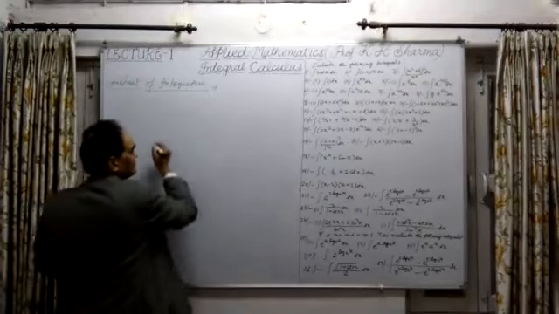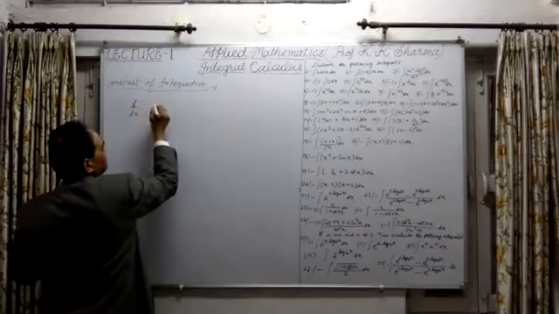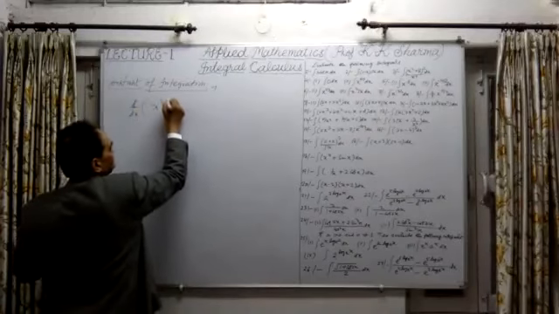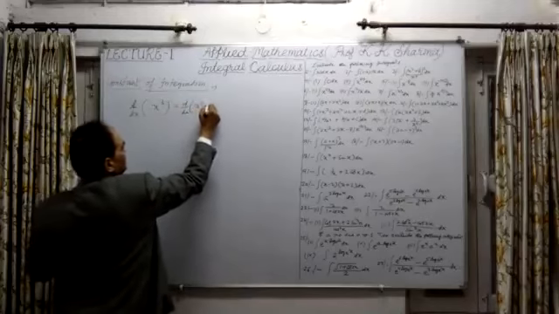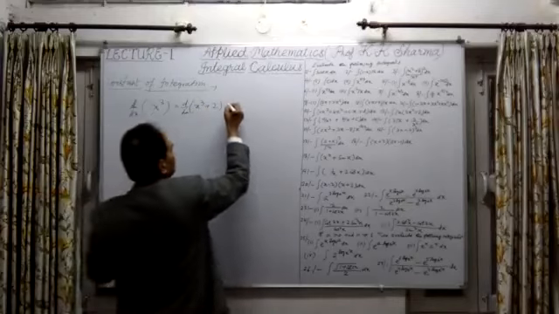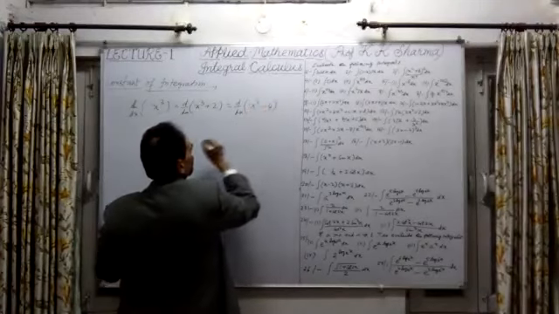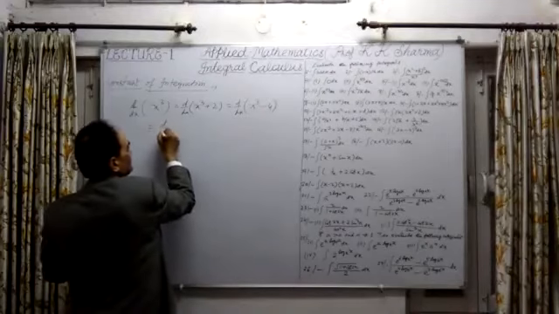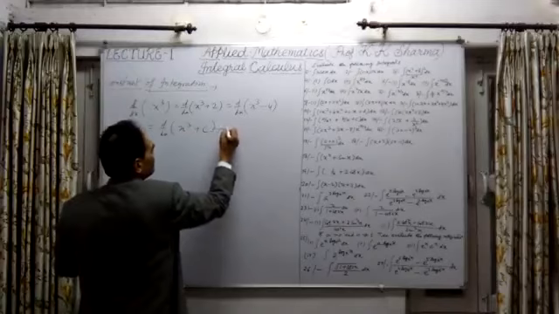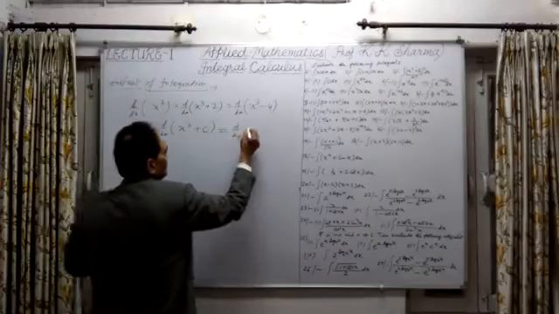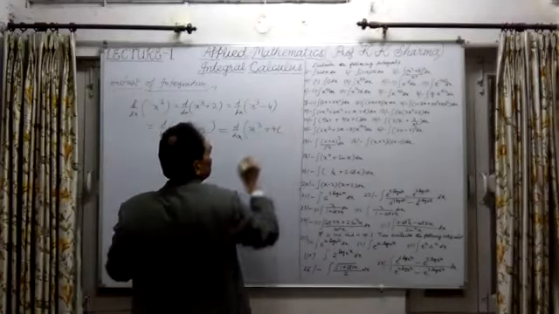Now we see that d/dx of x cube equals d/dx of x cube plus 2, equals d/dx of x cube minus 4, equals d/dx of x cube plus c, a constant, equals d/dx of x cube plus 4 into c, a constant.